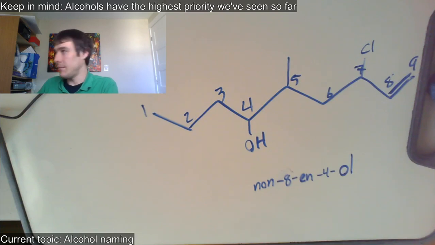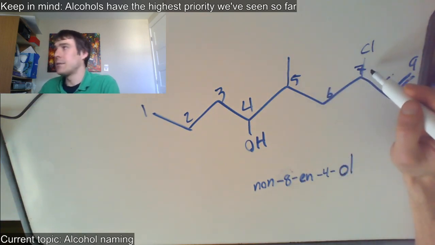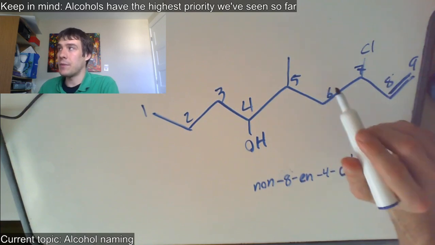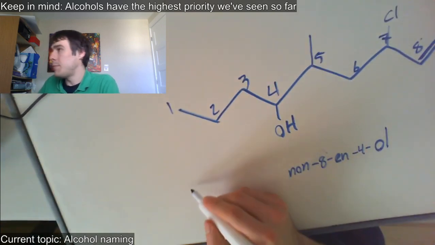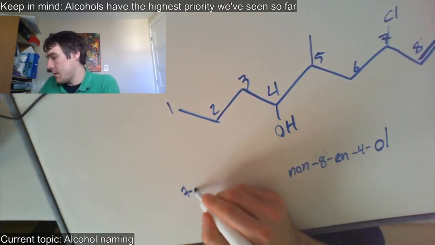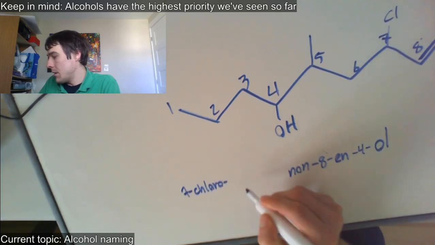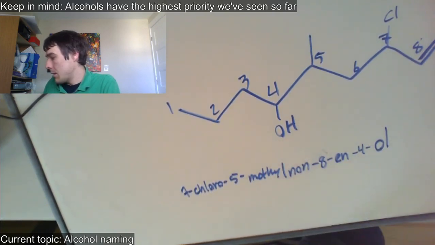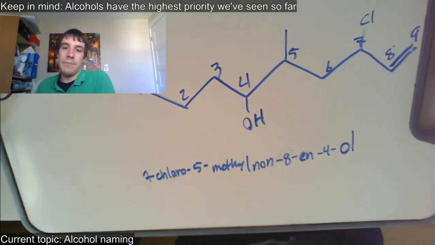It's not going to get much worse than this. We have to put our methyl group on 5 and our chloro group on 7. C comes before M, so chloro will come before methyl. So this is going to be 7-chloro-5-methylnon-8-en-4-ol.